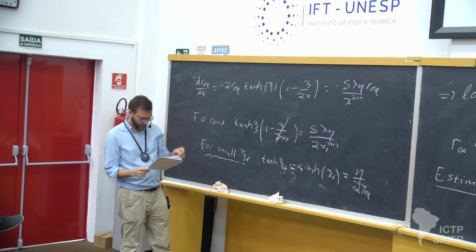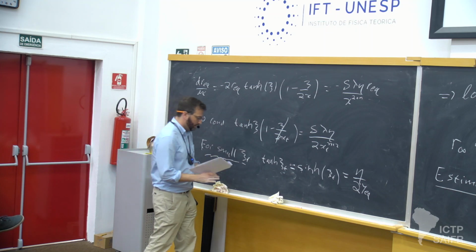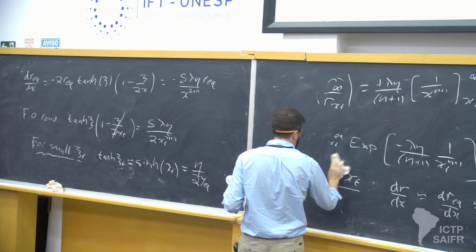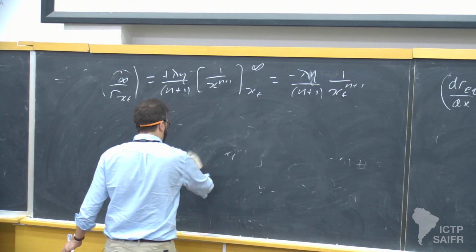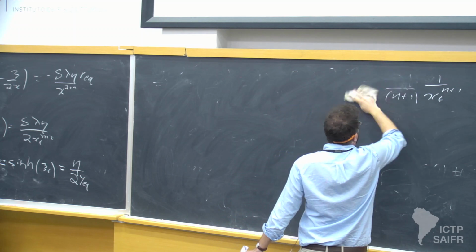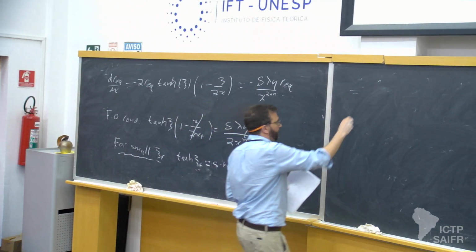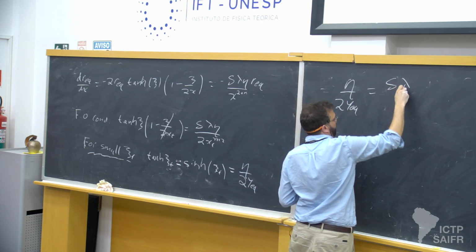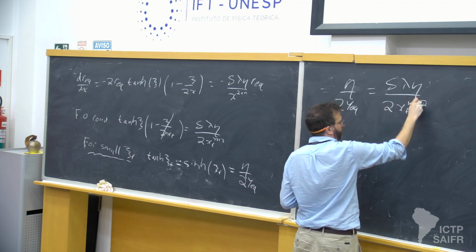Then substitute this into here, and lo and behold, you have eta on 2y equilibrium equals delta lambda eta on 2xf n plus 2.